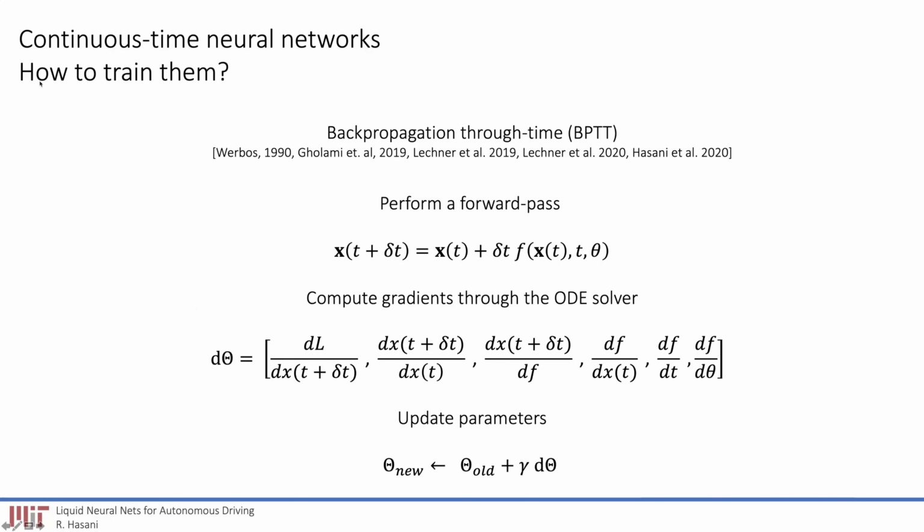So that's how we train this type of network. Now, if you train it with backpropagation through time, you're propagating through the entire sequence. So your memory complexity is going to be much larger, but the accuracy of the backpropagation is much higher compared to the adjoint sensitivity method.